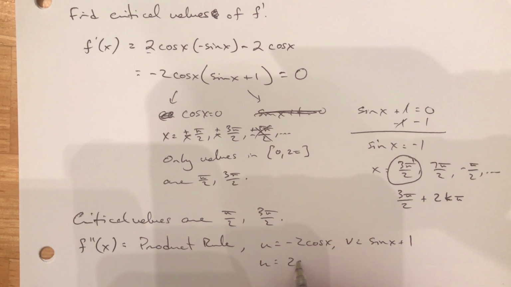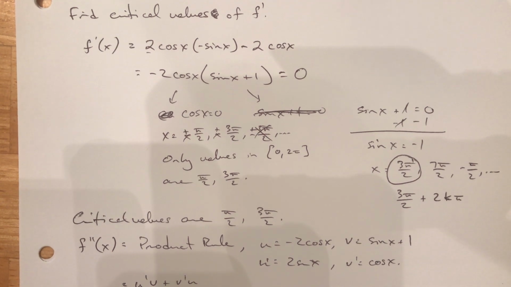Then u prime is 2 sine x and v prime is cosine of x, and u prime v plus v prime u is 2 sine x times sine x plus 1, plus, let's see, u is negative 2 cosine of x times cosine of x again, simplifies to 2 sine squared x plus 2 sine x minus 2 cosine squared x.